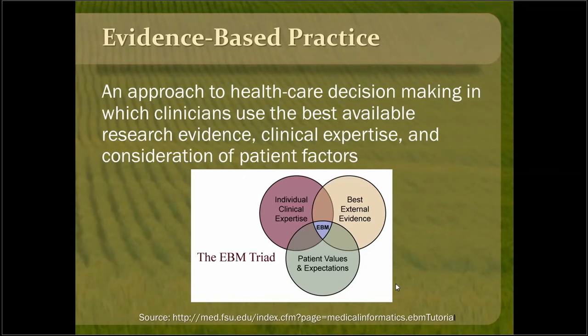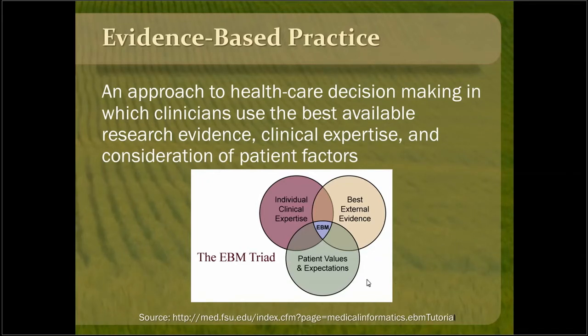So we'll talk more about the best external evidence, but this really refers to the body of research literature that's available to support an intervention in a profession. In this case, we're talking about music therapy. And even though it says above healthcare decision-making in the definition, we can apply this to educational settings, wellness settings as well. So the first part is the best external evidence. That's referring to the research literature.